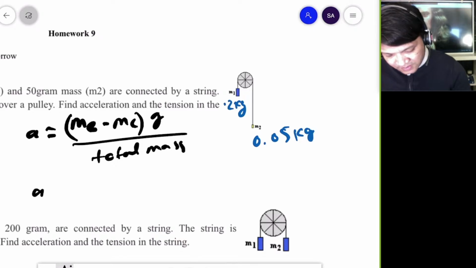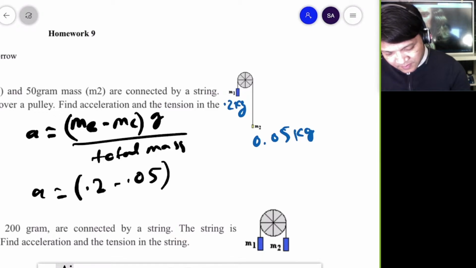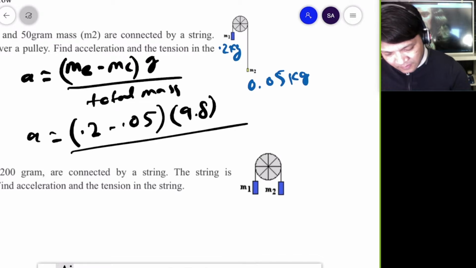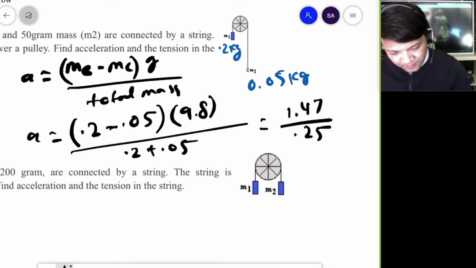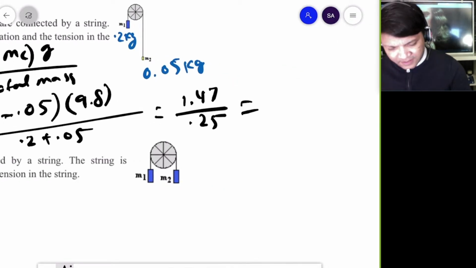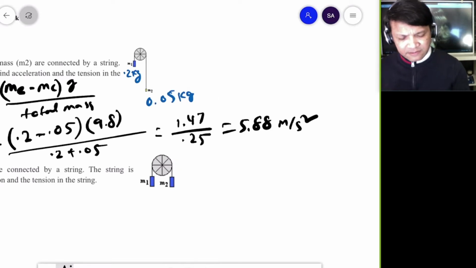So acceleration is 0.2 minus 0.05 times 9.8, let's use 9.8 instead of 10, over the total mass 0.2 plus 0.05, which is 0.25, so 5.88 meters per second squared. So this elevator accelerates about 6 meters per second squared.